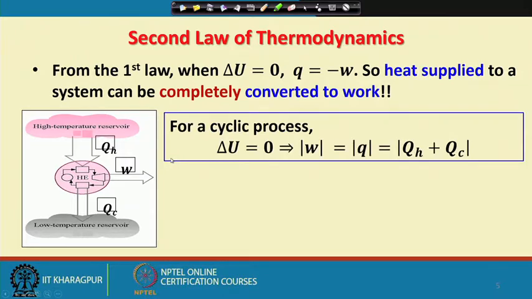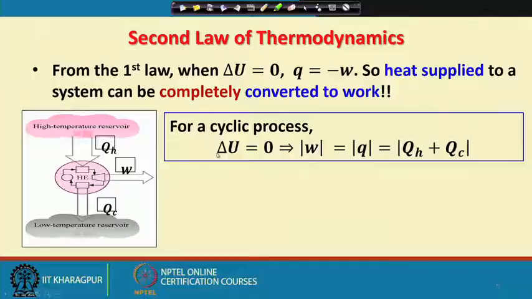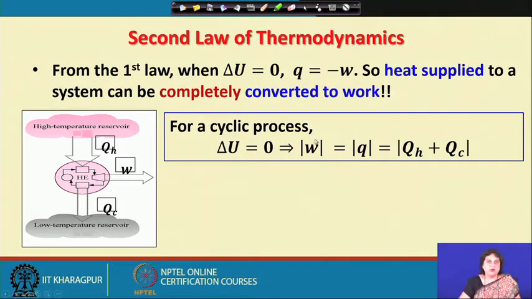Now, once again, this is a cyclic process and therefore delta U is equal to 0, and this also means that the amount of work that can be extracted is equal to the modulus of the amount of heat that is supplied, from the first law of thermodynamics. Now, what is the total amount of heat supplied in this system?